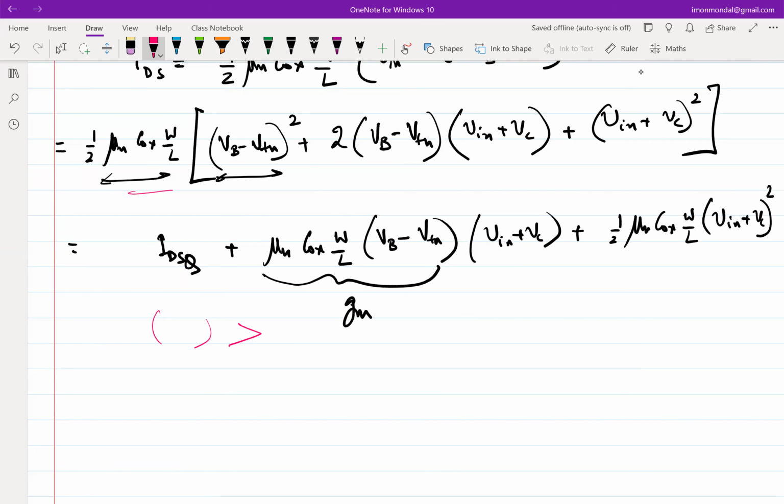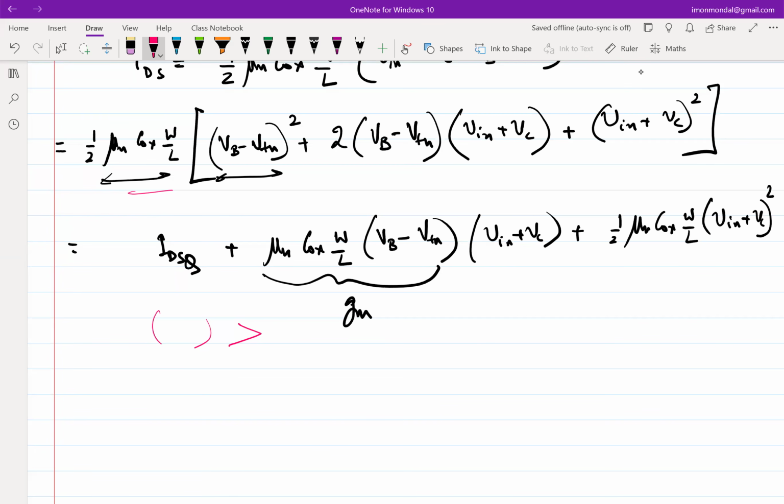What about the middle term? The middle term is higher than the last term, or the middle term is lower than the last term? Middle is higher. Why? It's not particularly the amplitude of the signal, but when you are designing amplifiers, you would like to ensure that the distortion part is low, right?